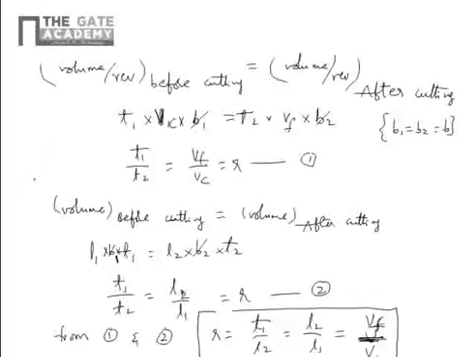Next is the relation between the angles, which is more important. These angles are related from the triangle ABC.